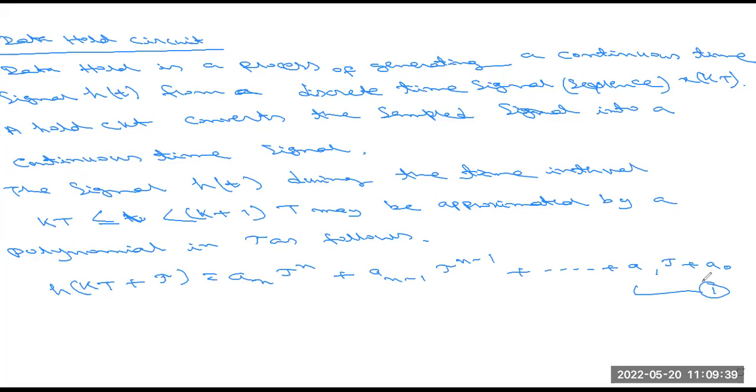Data hold is basically a process of generating a continuous time signal, that is h(t), from a discrete time signal, that is x(kT). In communication and satellite applications, we use different types of modulator and demodulator circuits which modulate and demodulate different types of signals, and we have to use this data hold circuit.